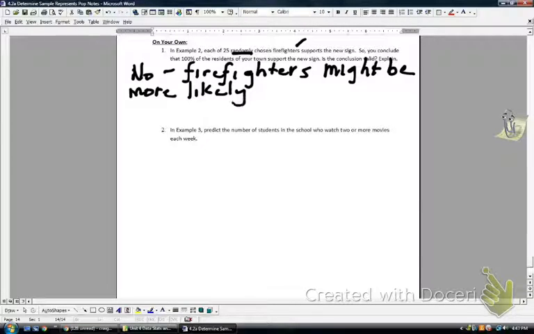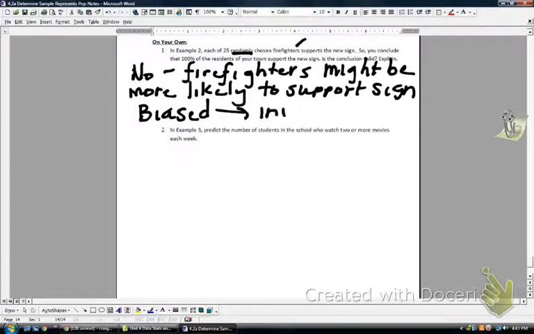So even though it says randomly, it doesn't matter because it's focused on a particular group of people. So my sample is biased, which gives me an invalid conclusion.